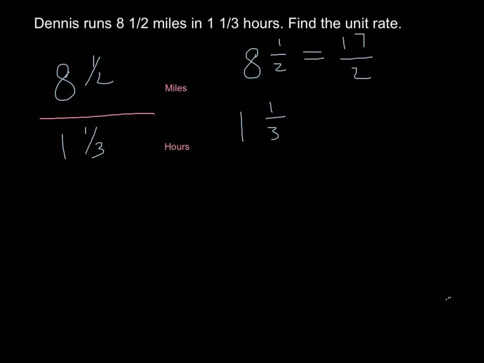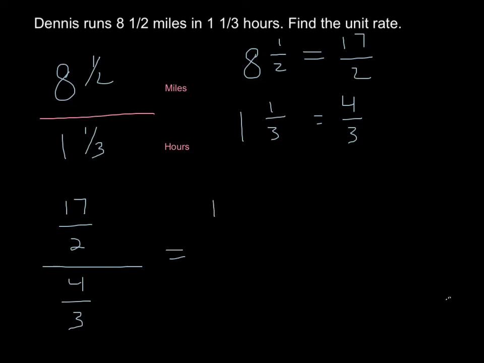Okay. 1 times 3 is 3, plus 1 is 4. So that becomes 4 over 3. So now what I really have is 17 over 2 over 4 over 3. Remember, we're trying to get a denominator of 1, so we're just going to divide 17 halves divided by 4 over 3. Okay. We're just going to solve this complex fraction.